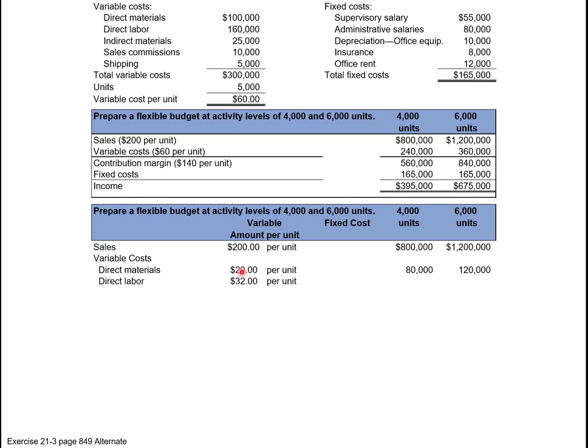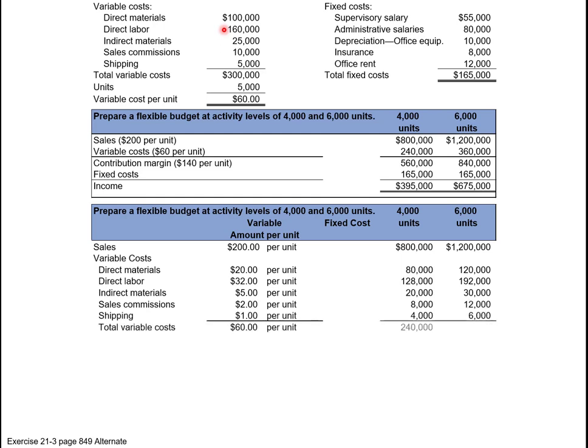We'll do the same thing for our other variable cost. The total cost divided by 5,000 units. Then we'll just get our per unit amounts and multiply by either the 4 or 6,000 units.